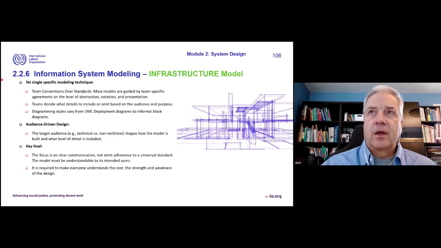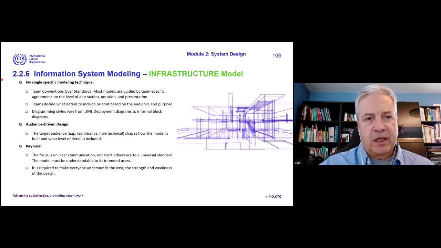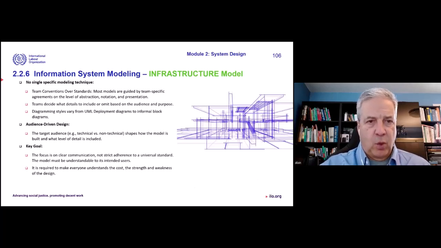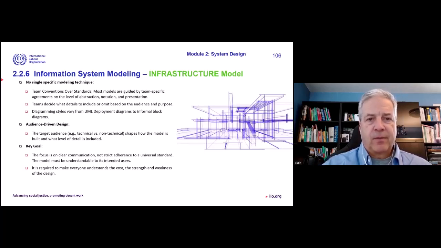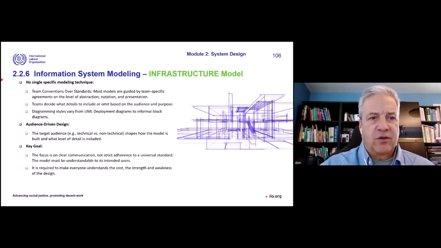So, infrastructure model. It's a little bit like the software modeling. For infrastructure, there's no real ideal way. There are a lot of ways to build a model. There are some conventions. Most of the time the IT specialists will use a set of conventions to do their model.